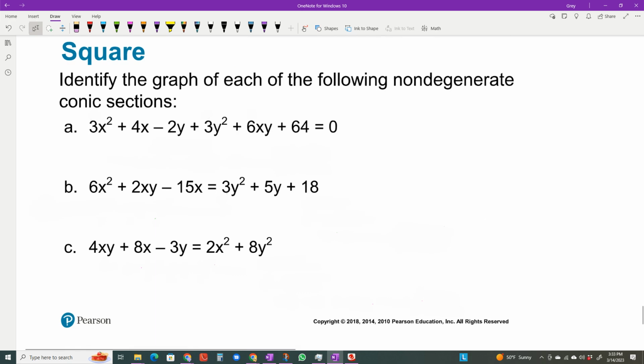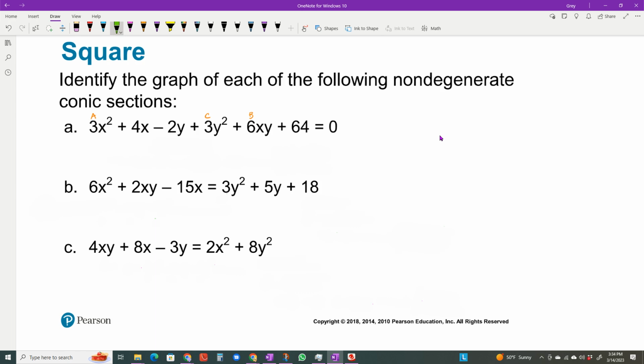Identify the graph of each of the following non-degenerate conic sections. So I have 3x squared plus 4x minus 2y plus 3y squared plus 6y plus 64 equals 0. So I have an xy term, okay? And in my definition that we just talked about, a is the coefficient of x squared, b is the xy term, and c is the coefficient of y squared.